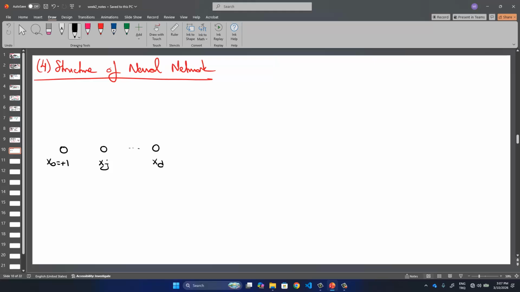And so if we want to add one more layer, which is called the hidden layer. This is the hidden layer.